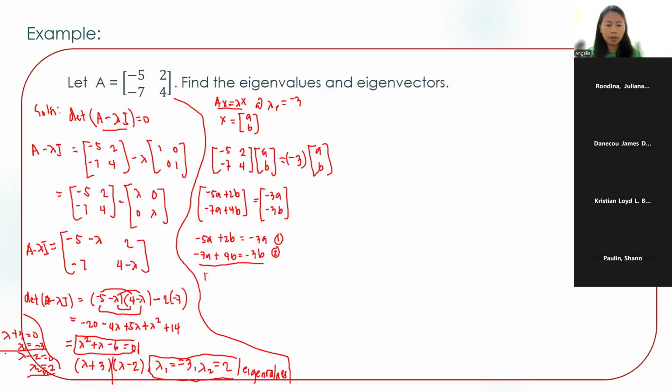Okay, let's try using substitution. So from 1, meaning equation 1, we're going to find the value of B in terms of A. So we tanang B diri tapos dito balhin na to ang A. So we have negative 5A plus 2B equals negative 3A.